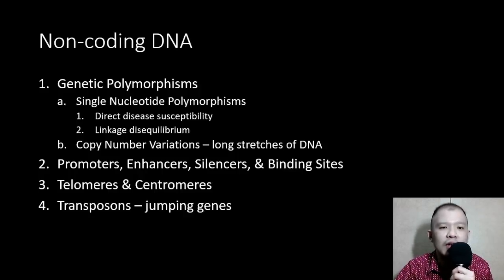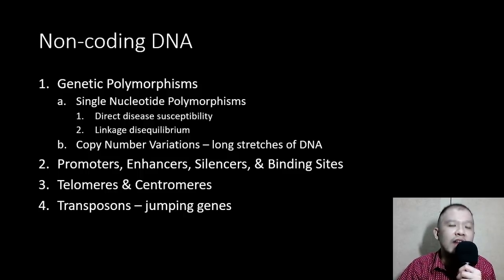So let's go to non-coding DNA. We'll be talking about genetic polymorphisms. These are variations in the DNA in the form of a variation in a single nucleotide, and that is what we call SNPs. SNPs can directly cause a disease, or they can be a neutral variant.